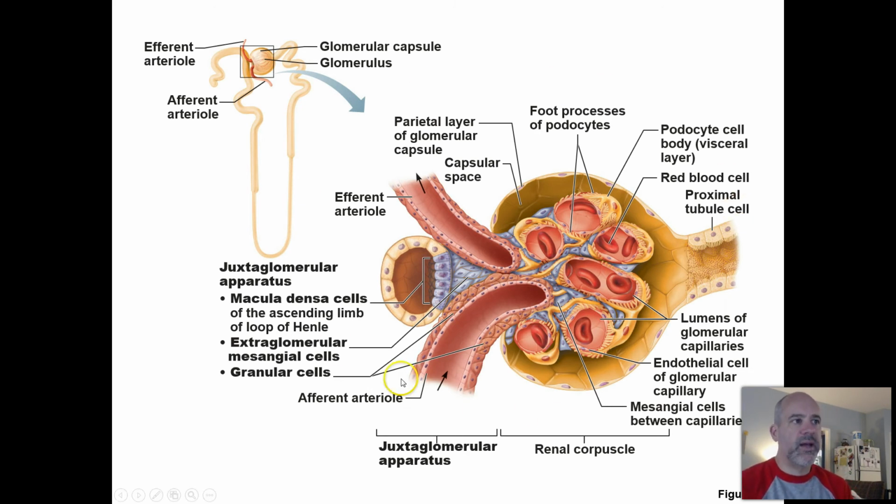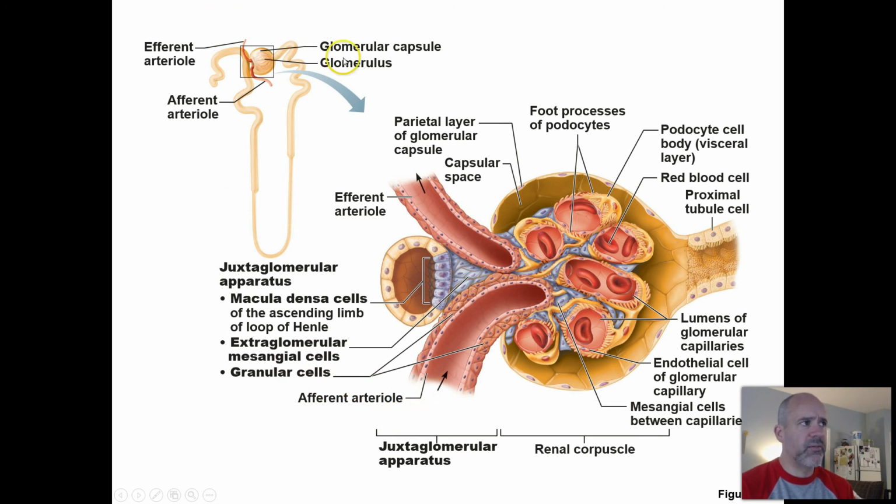Okay, so this is a very nice diagram from your textbook, which is showing you a glomerulus and the blood flow into these. Some things you need to know. Many of these things will be covered in more detail on the anatomy video for the urinary system.